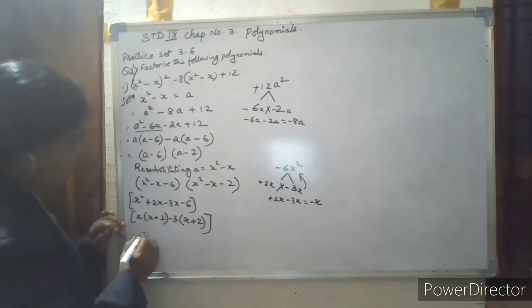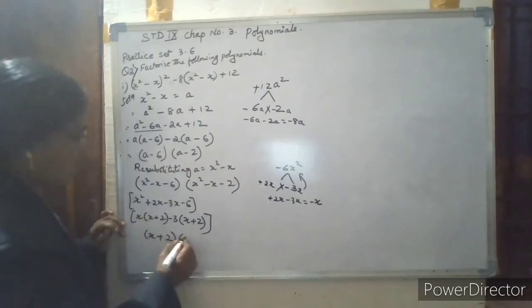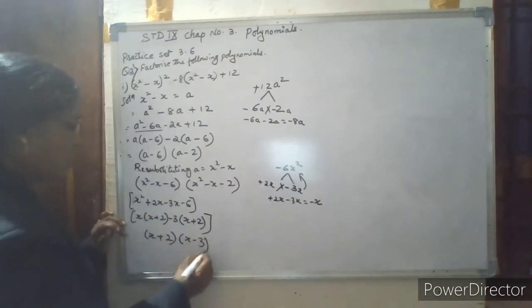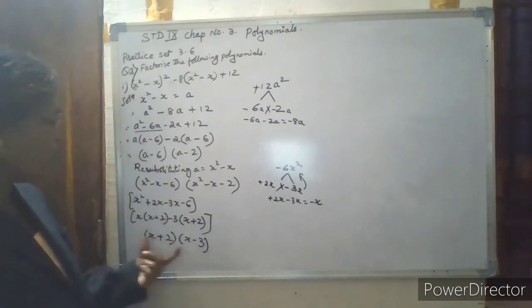So we have got the factors as x plus 2 and x minus 3. This quadratic polynomial is factorized into two factors.